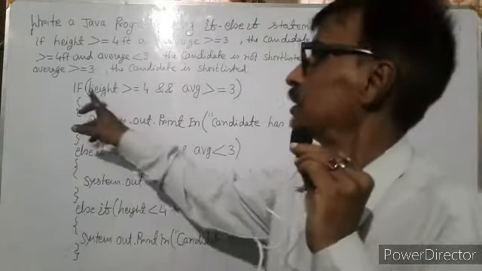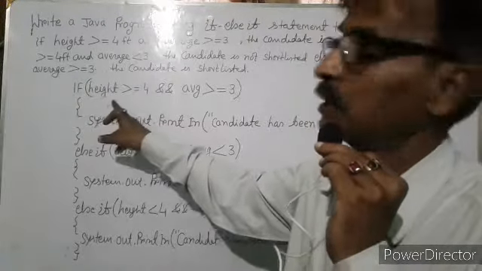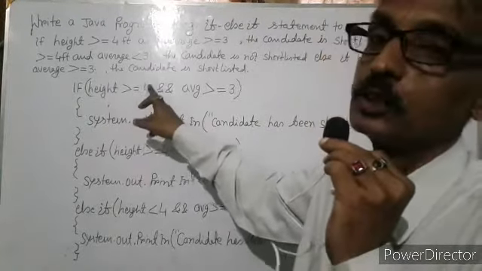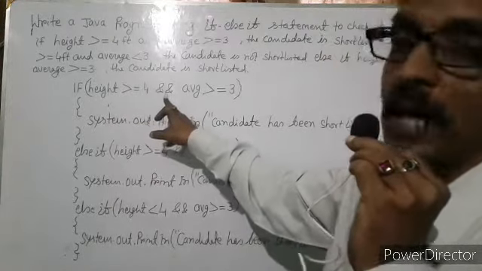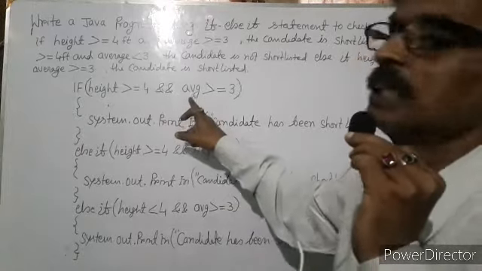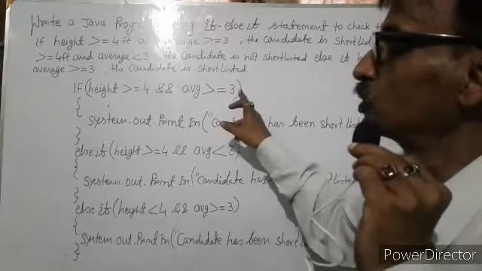Check the condition. If parenthesis begin, height greater than or equal to 4 and this is the symbol of AND, avg greater than or equal to 3 parenthesis close.